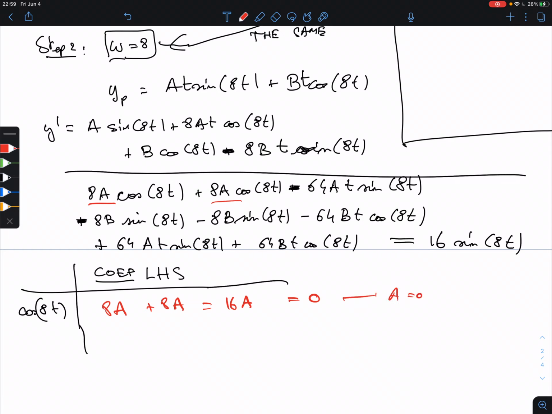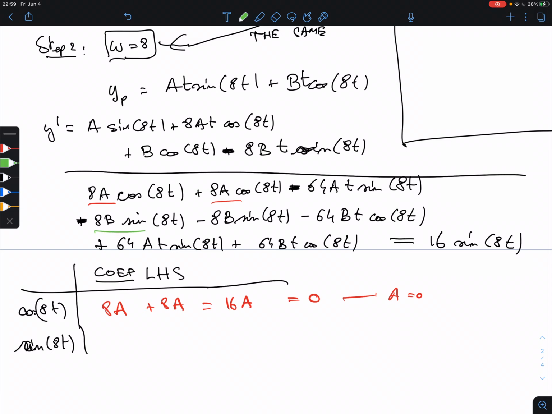Wait, did I forget any term? There should be 1, 2, 3, 4. No, I think I have everything. Okay. Let's look at the term of sine 8t. We do that in green.